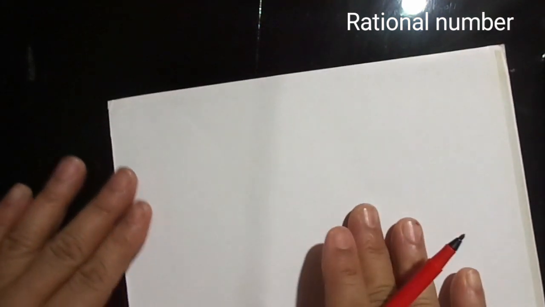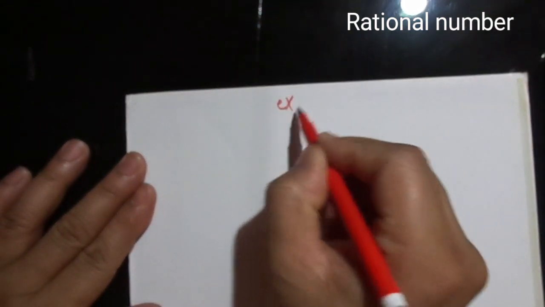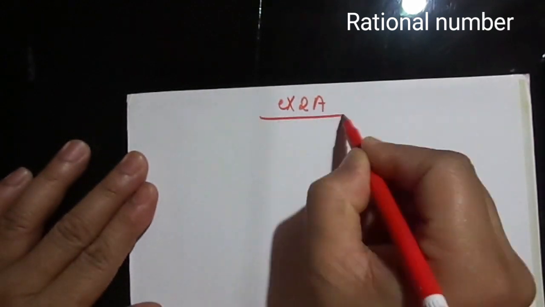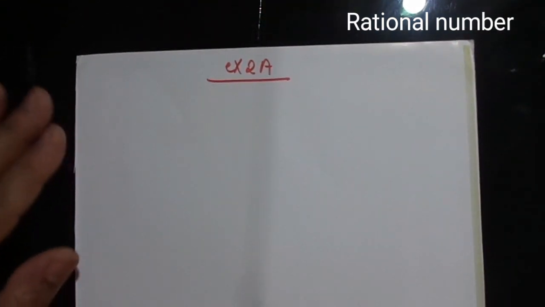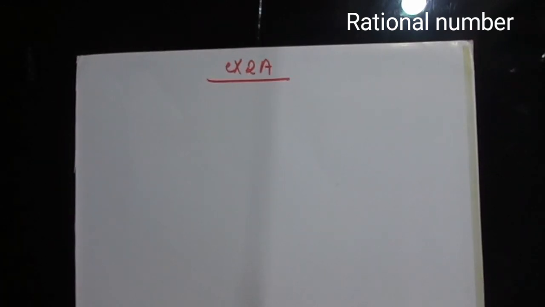Okay, so let's come to exercise 2a. We both shall work on it. Write down the rational number.